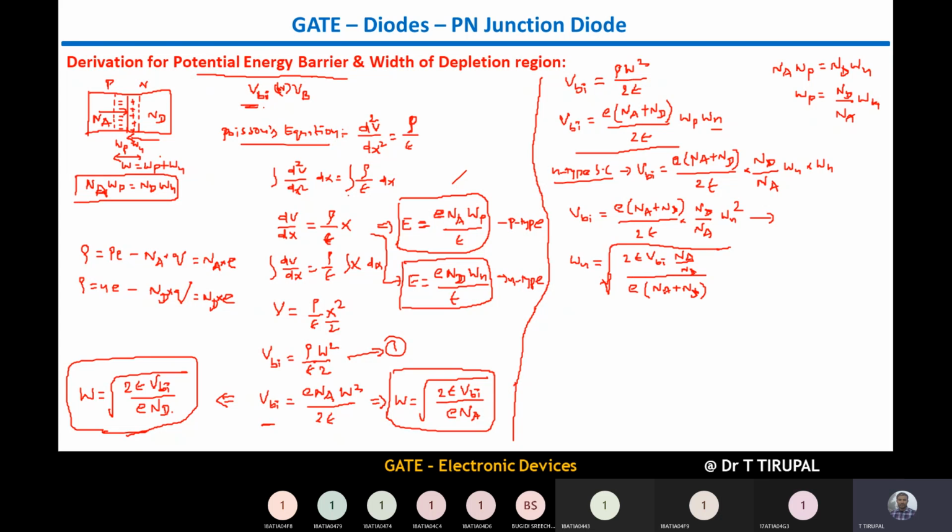So this is the expression for width of depletion region towards the n side. This is the expression, right? This is the width of depletion region in the n side.